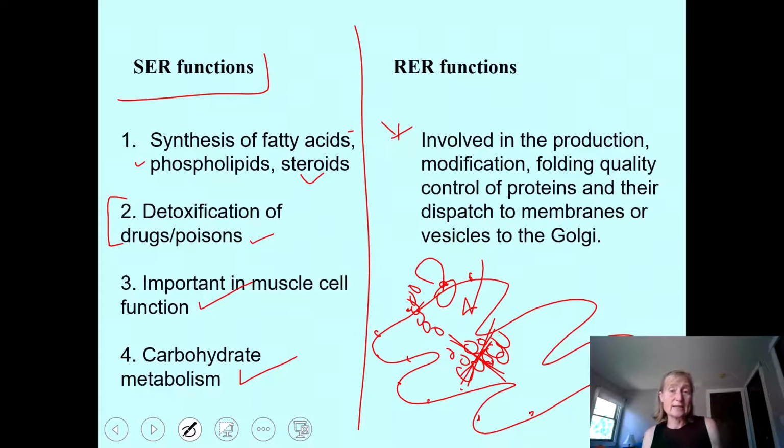And then eventually, when the proteins are modified and checked for quality, they leave the rough ER in what are called vesicles. And these little proteins then leave the rough ER in small vesicles. These modified proteins will head in the vesicles toward the Golgi apparatus.